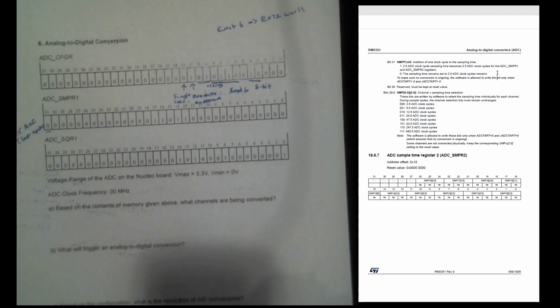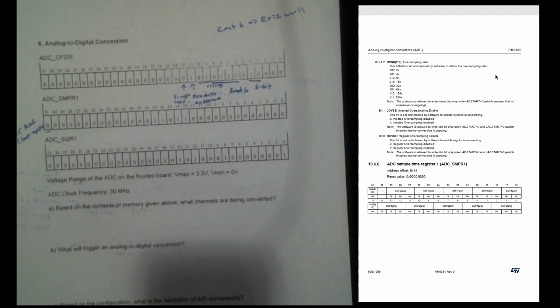So that's going to be our standard value for that. And then bits 29 through 0 are our channel X sampling time selection.